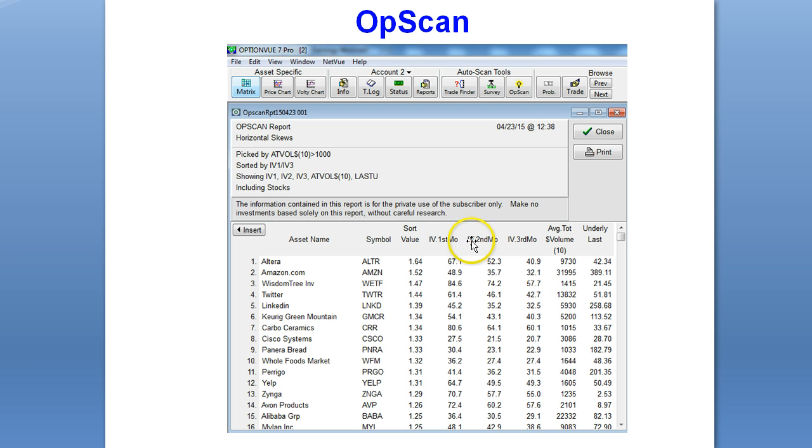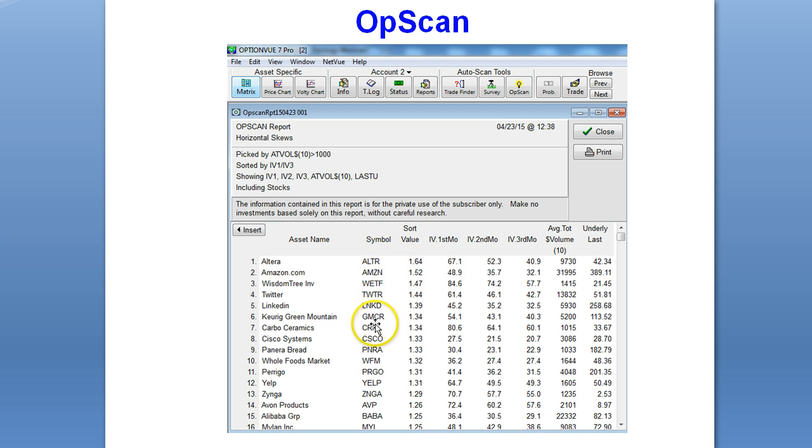Here's just a sample report as of March 15, and you can see here then the front month is far higher than the second, which is higher than the third. And you have a strong horizontal skew here, and when you have such a strong horizontal skew, it's probable that these stocks are going to have earnings coming out fairly soon.